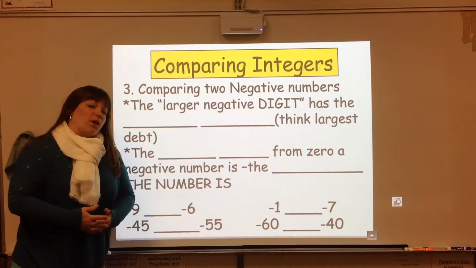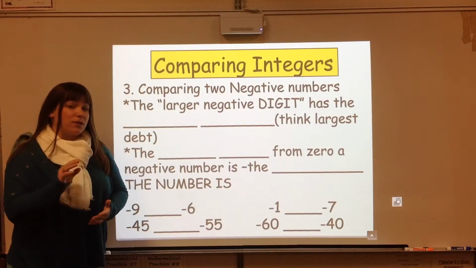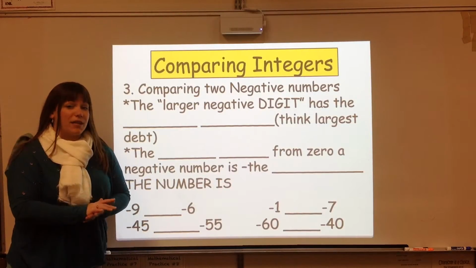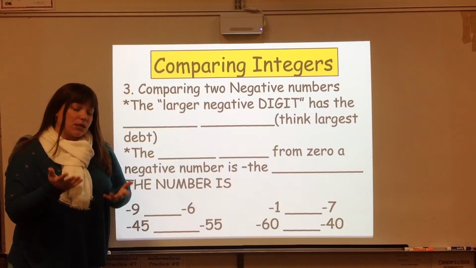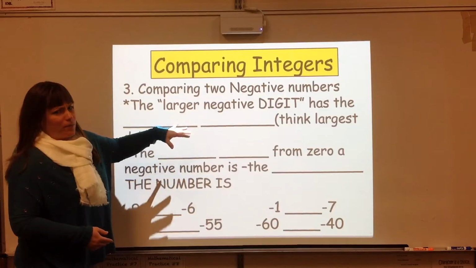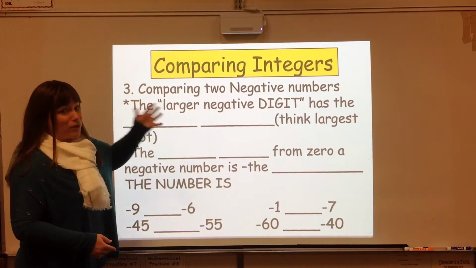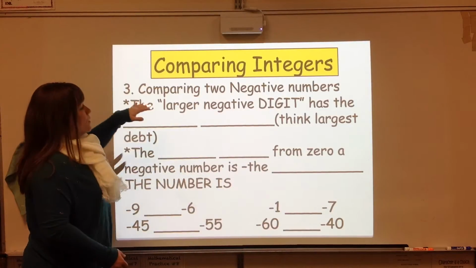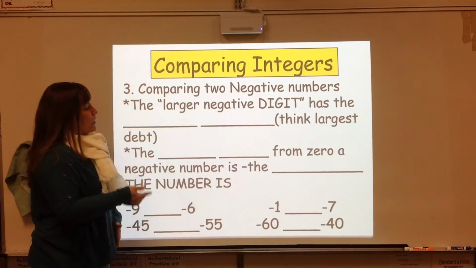Now the other thing I wanted to tell you is that when you're comparing 2 negative numbers, that's the trickiest in my opinion to do. So I have a final little piece of advice for when you're comparing 2 negative numbers. And we talked a little bit about this in class.